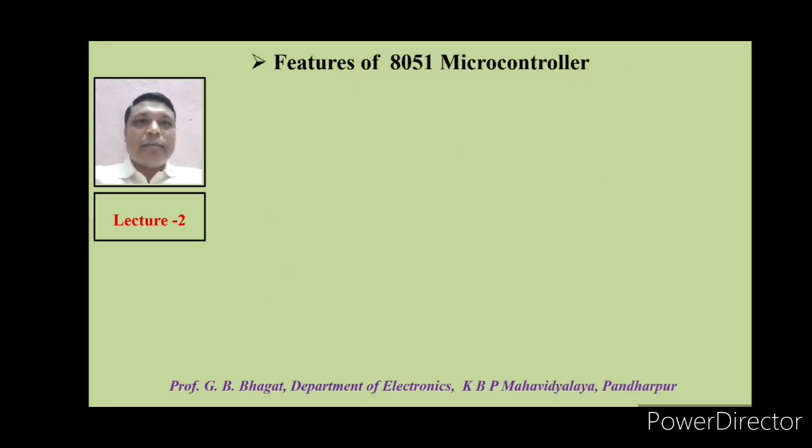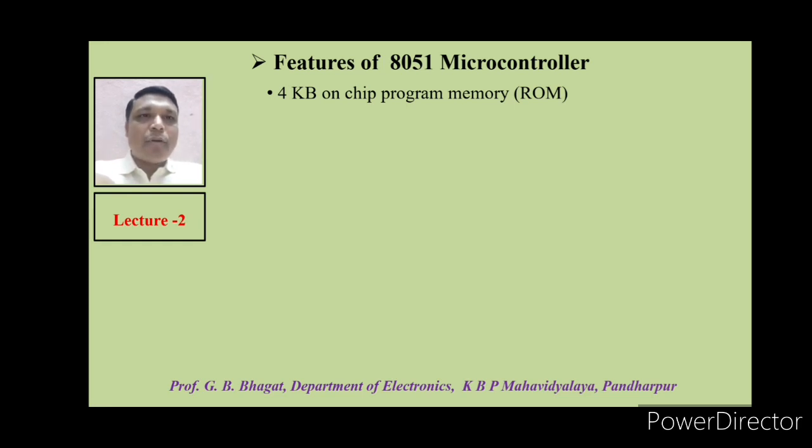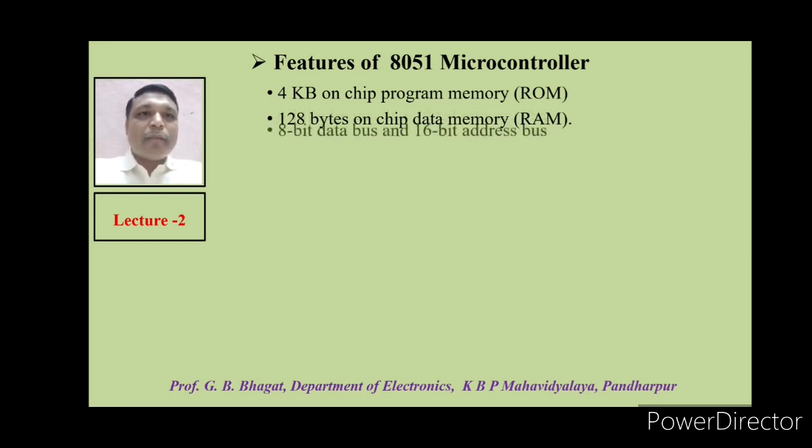Then let us see some features of 8051 microcontroller. The 4 KB on-chip program memory, that is this 8051 microcontroller has 4 KB of on-chip ROM. Then it has 128 bytes of on-chip RAM. It is also called data memory, and ROM is also called program memory. Then it has 8-bit data bus and 16-bit address bus.